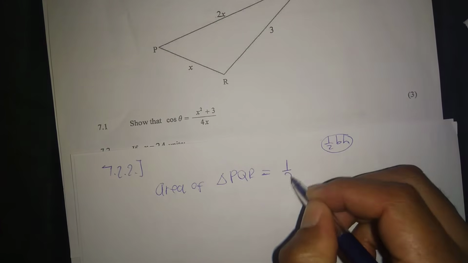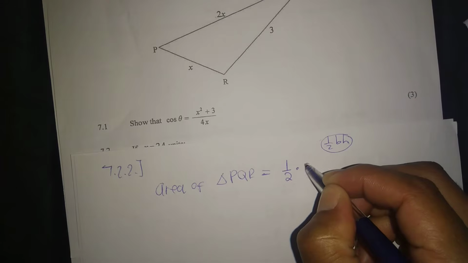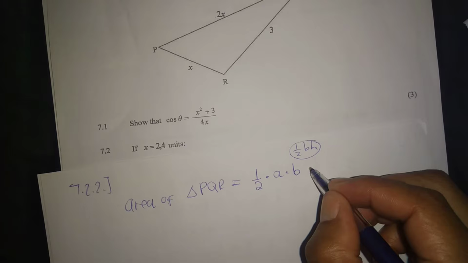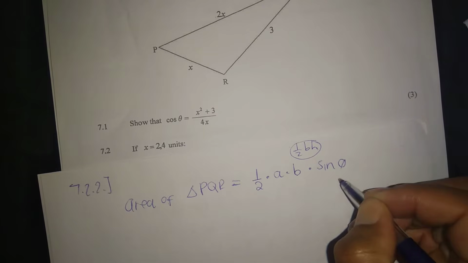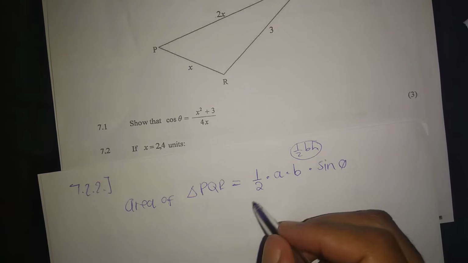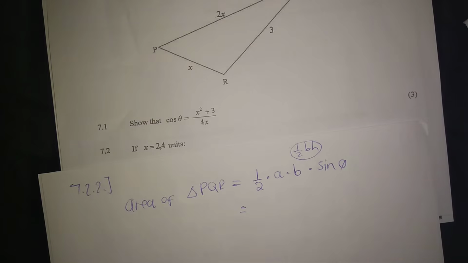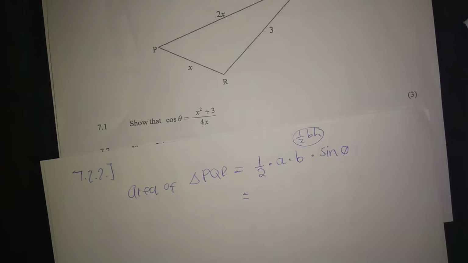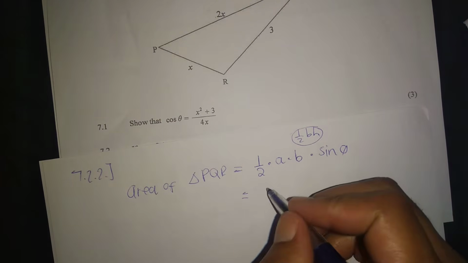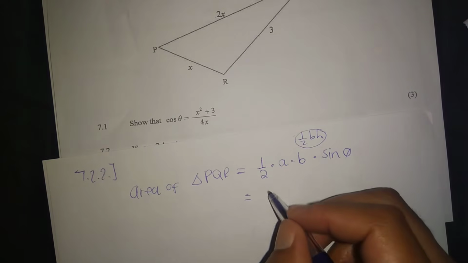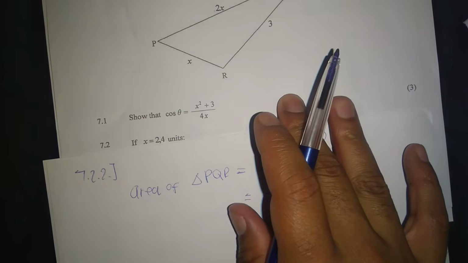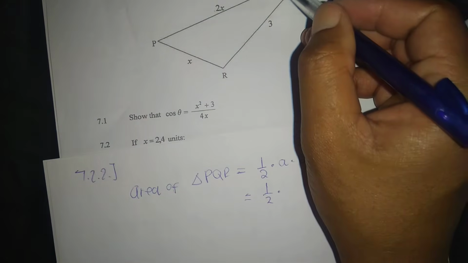Okay, it's 1/2 times A times B times sine theta. Just like in the cosine rule, we use this angle.